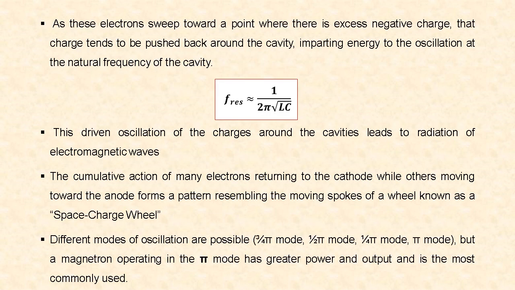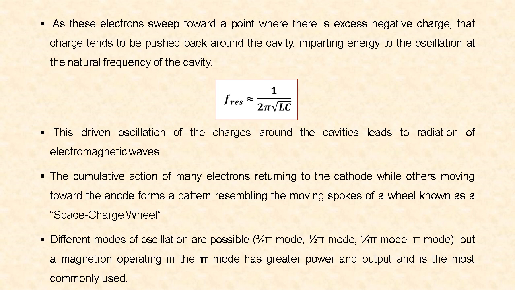When these electrons sweep toward a point where there is excess negative charge, this charge repels those electrons and pushes them back around the cavity, imparting energy to the oscillation at the natural frequency of the cavity.